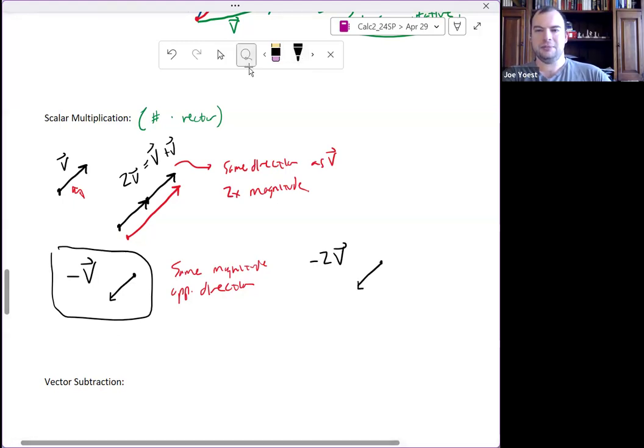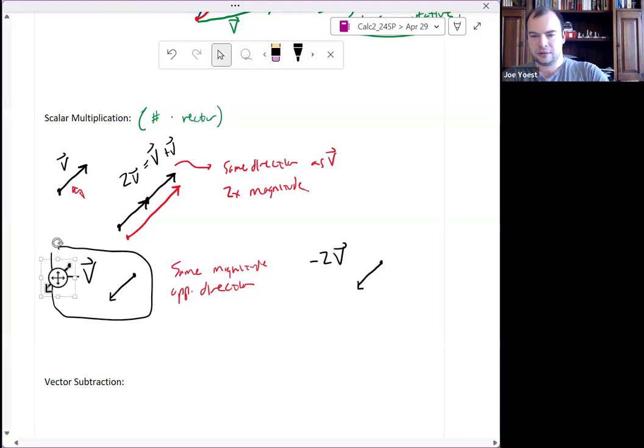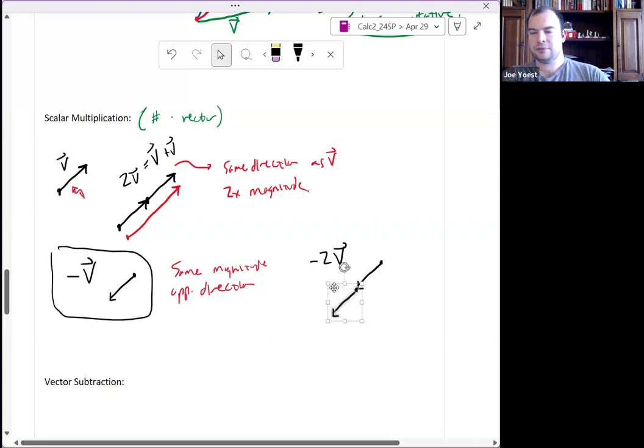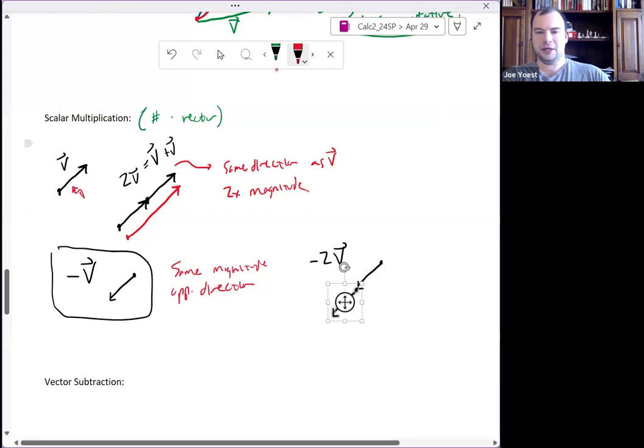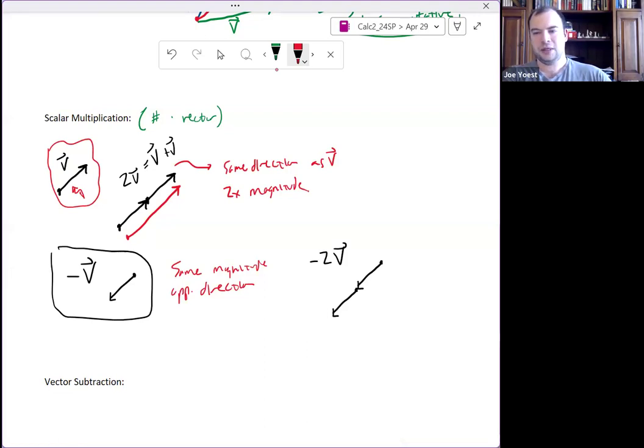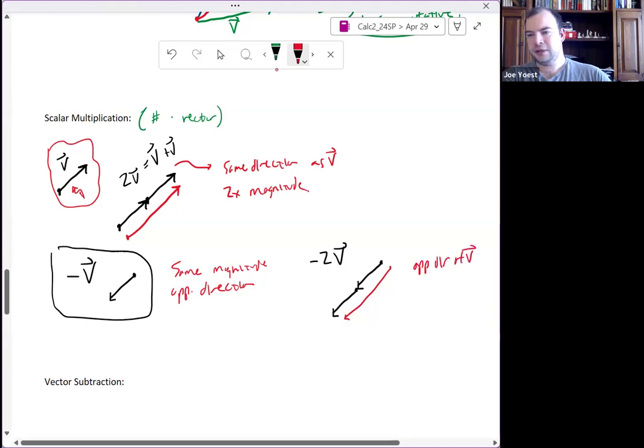I would have negative V plus negative V. So to get from V originally up here to negative 2V, what did I do? Well, I went in the opposite direction and doubled the magnitude. So the opposite direction of V and double the magnitude.